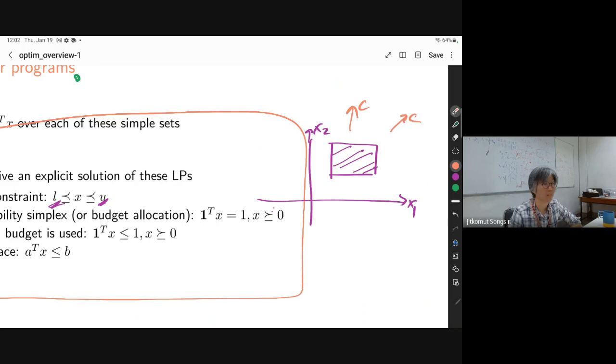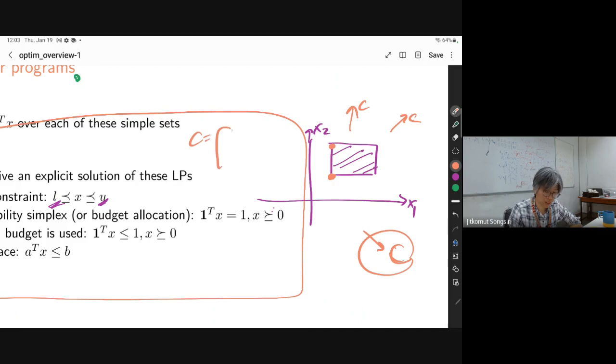If my C, the, how do you call it? Lower left corner. If my C is this, upper left, right?